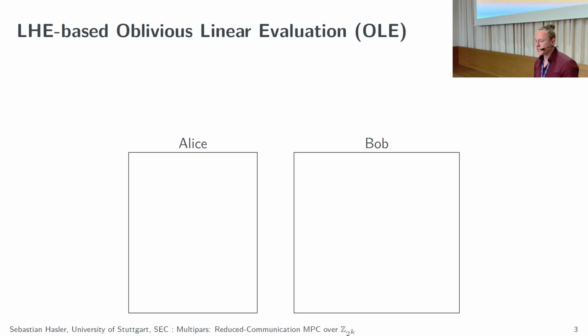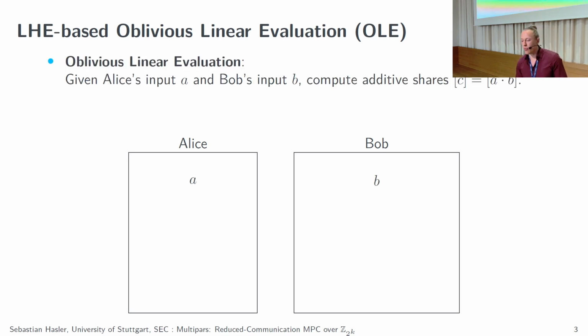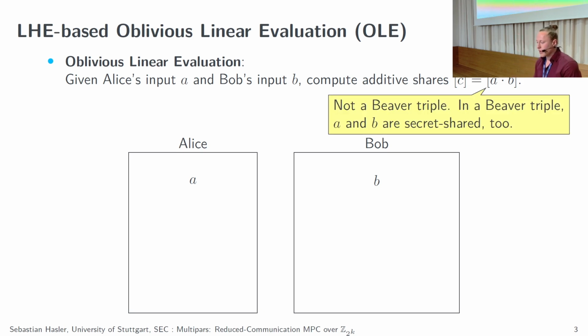What is this? Let's say Alice and Bob have input A and B. So Alice has input A and Bob has input B, and they want to compute additive shares of the product of A and B. First note, this is not a Beaver triple, because in a Beaver triple, A and B are secret shared too, but it's already close. We can later use this also to compute Beaver triples.